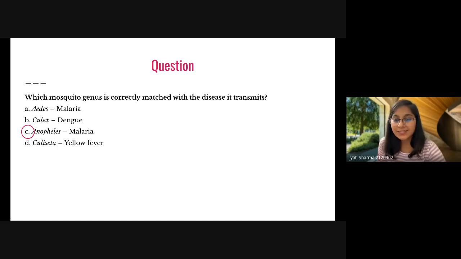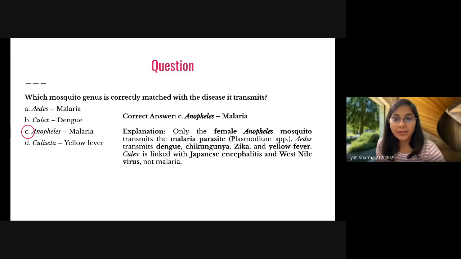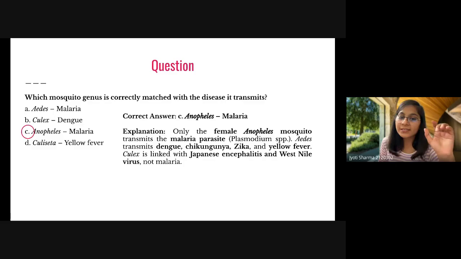And here in the explanation you can see only the female Anopheles mosquito transmits the malaria parasite. The name of that malaria parasite is Plasmodium. So the mosquito is not giving you the disease directly, but there is a parasite on the mosquito.